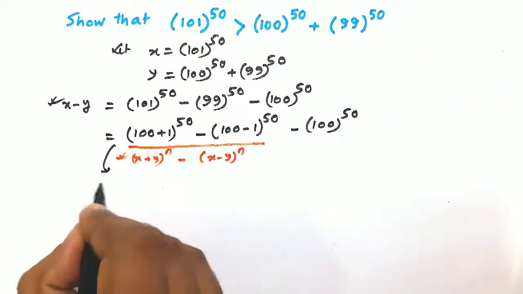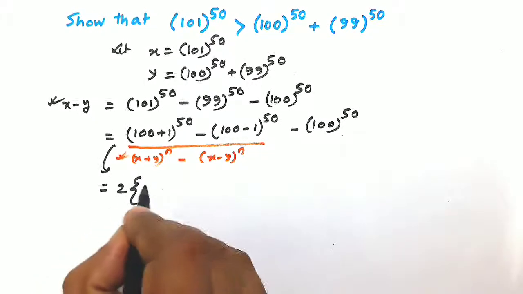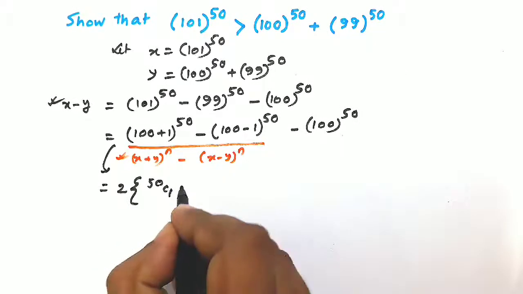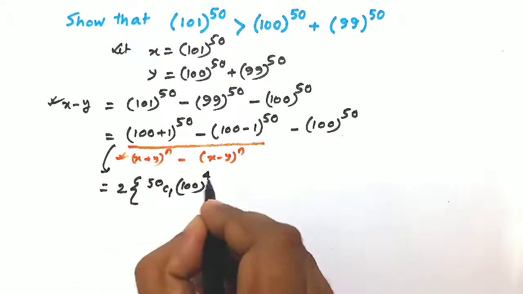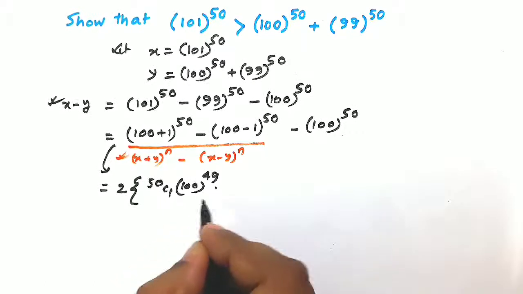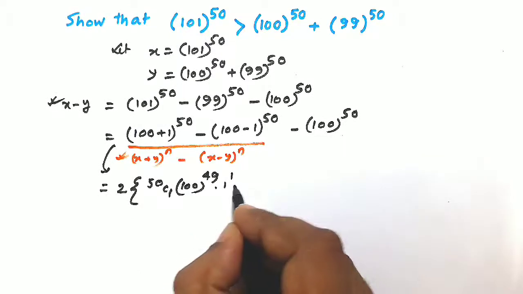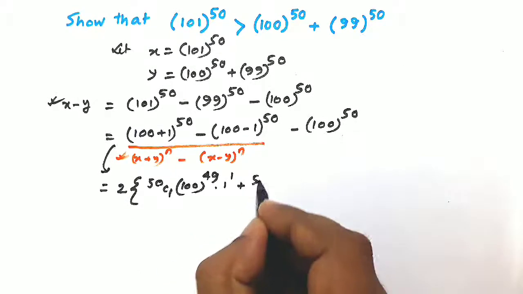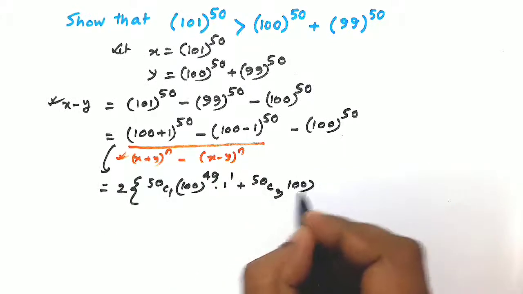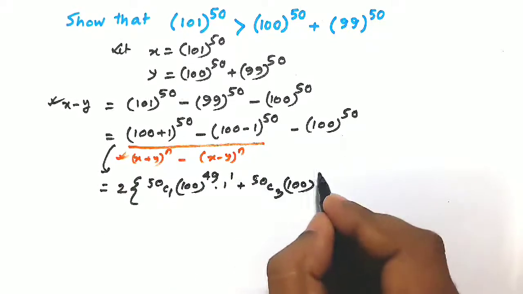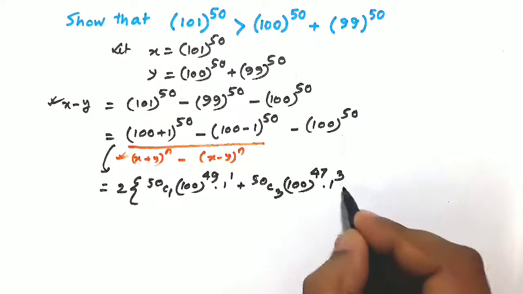So from this one we can now write twice of 50C1 100 to the power 50 minus 1, that is 49, into 1 to the power 1. 1 to the power 1 is 1. Next 50C3 100 to the power 50 minus 3, that is 47, into 1 to the power 3.